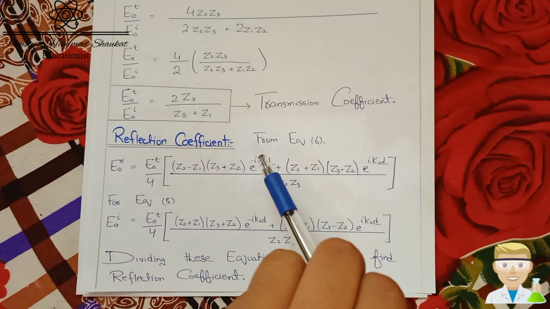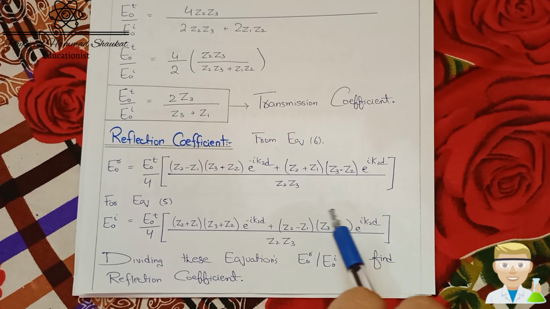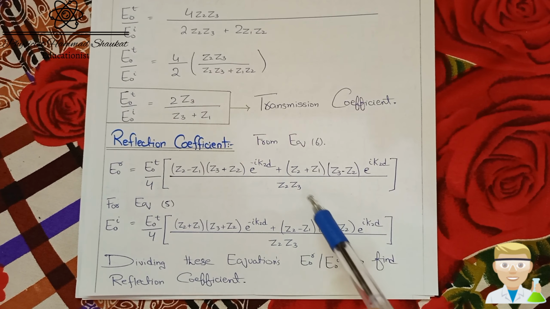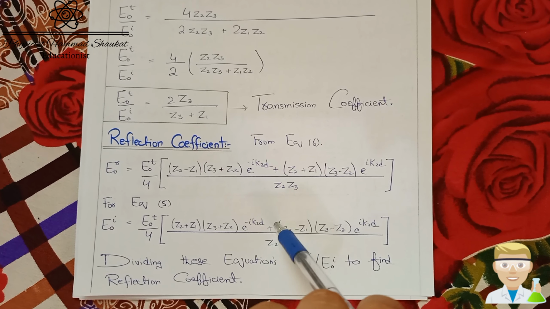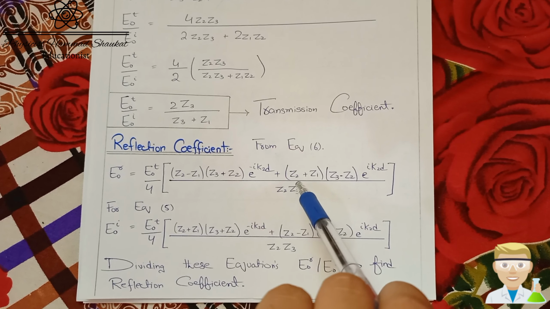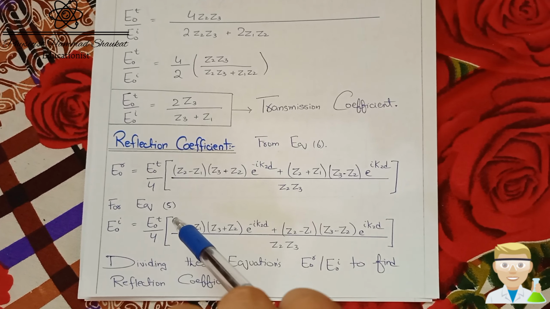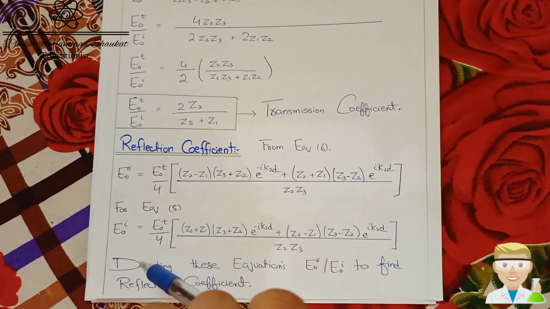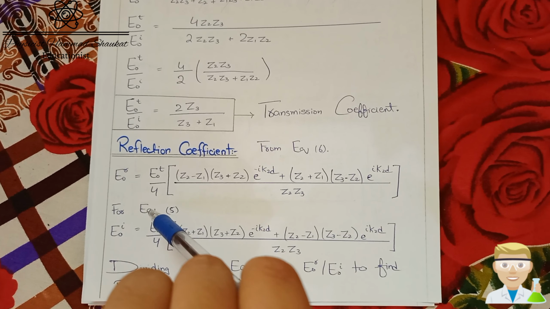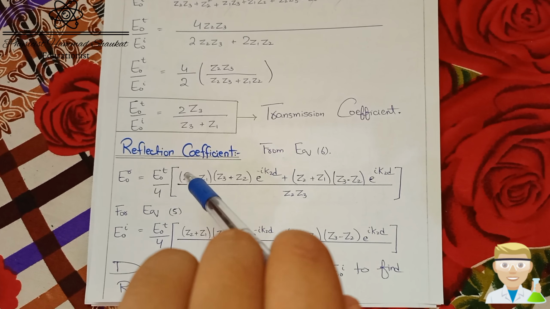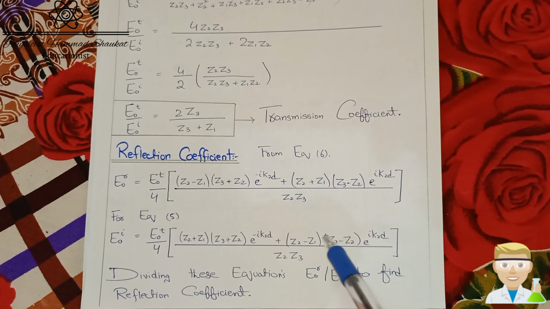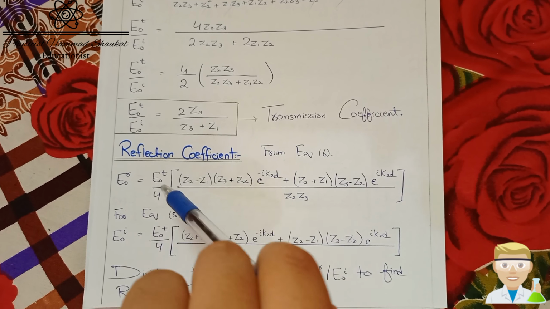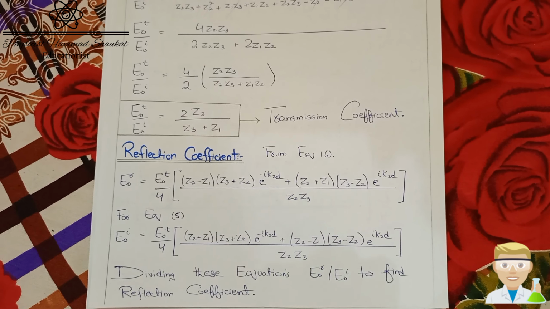When we divide them, z2z3 cancels with z2z3, and E0t divided by 4 cancels with E0t divided by 4. You are left with this part in the numerator and this part in the denominator when you divide E0r by E0i.